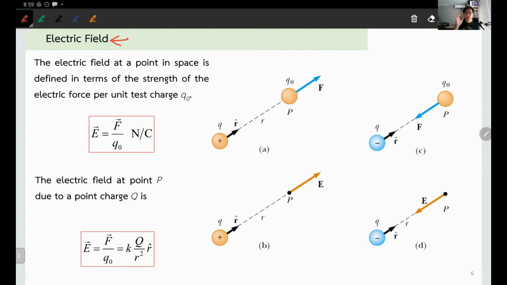But in this lecture I'm going to start from the electric field. Once you understand what the field is, you can get the force automatically. Just get along with me for now.